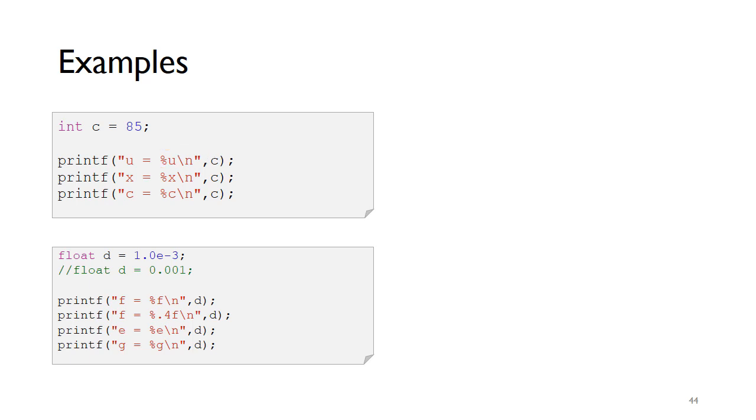We could also use %x, that'll tell it to print in hexadecimal. C is to print the character form, so that's using the ASCII. If you look in the ASCII table, you'll find essentially the different keys and symbols on your keyboard. Each one has then got a decimal code that represents it. So C will just print the ASCII equivalent of 85.